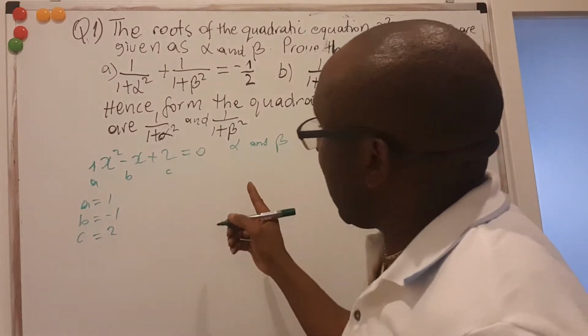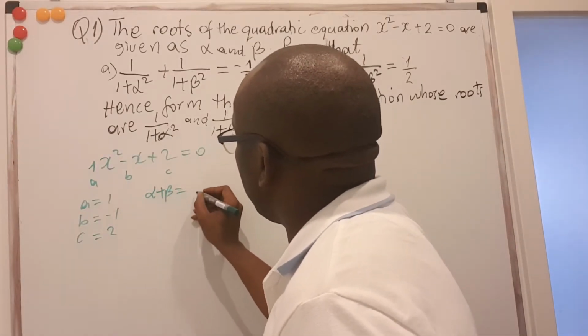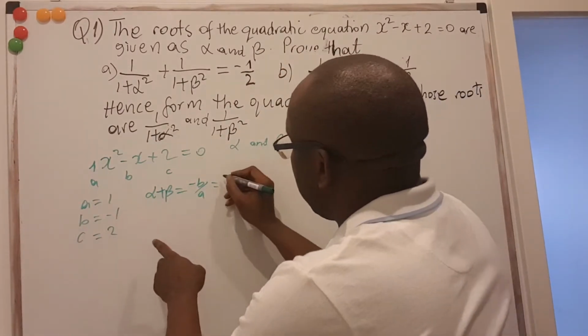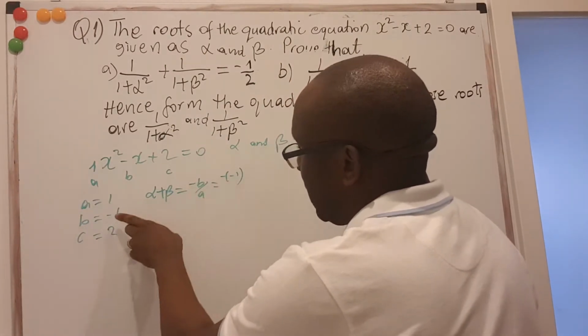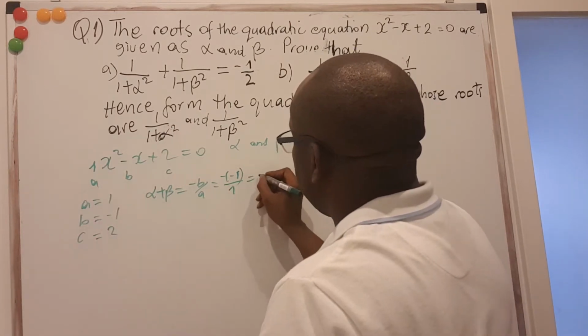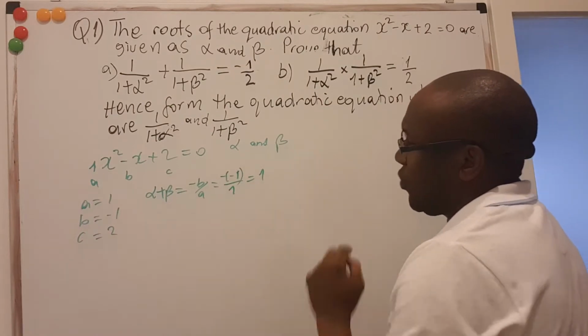The sum of the roots, alpha plus beta, should be equal to minus B on A. B is minus 1, so this is minus of minus 1, divided by A, which is 1. Minus 1 times minus 1 is plus 1, and 1 divided by 1 is 1.